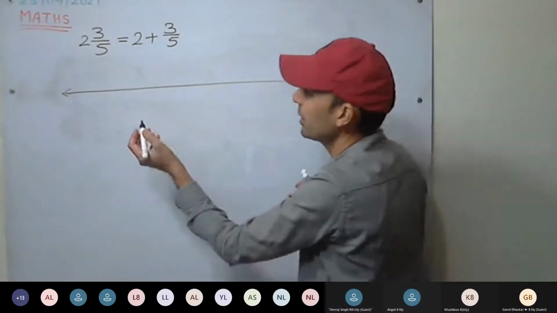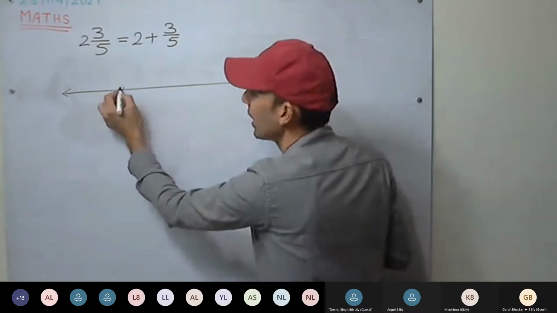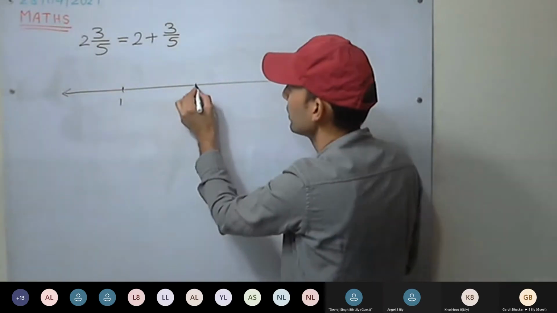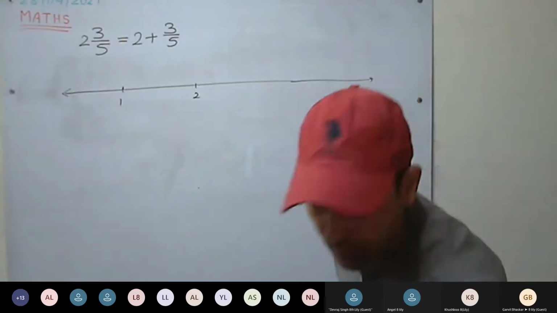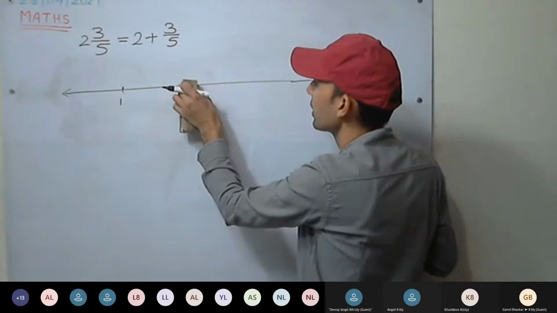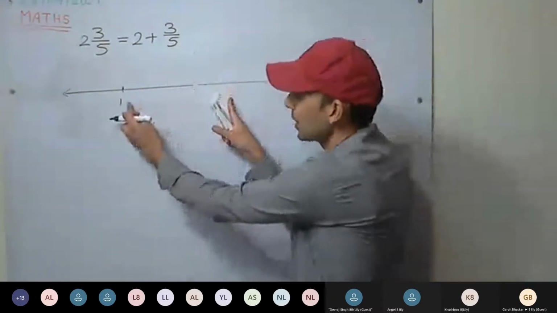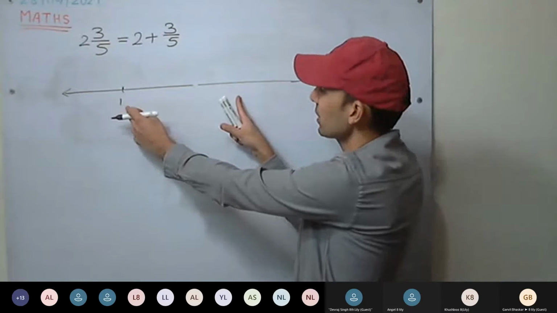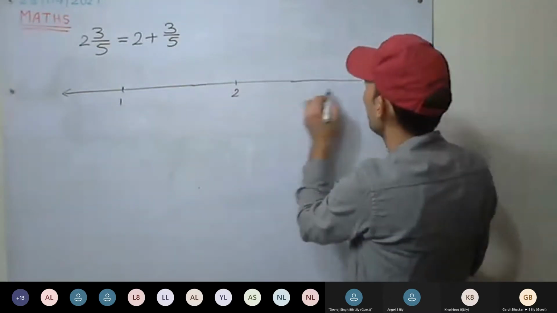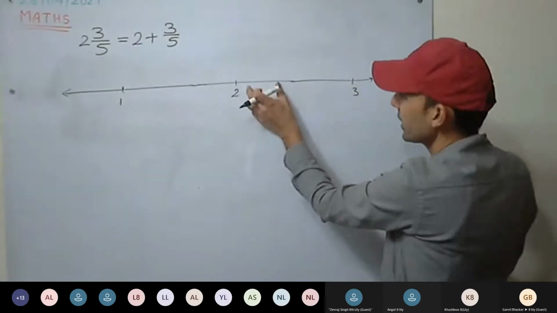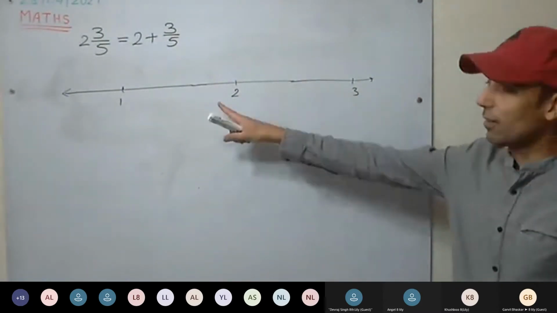So make a number line. Since I have to divide into 5 parts, I will leave a much larger space between these two whole numbers, so that I can easily divide.